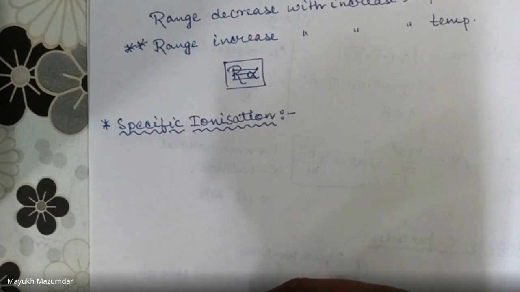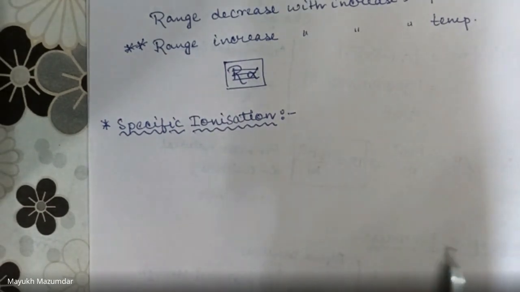So what does it say? Ionization creates a large number of ion pairs. Ion pairs are generated along the path through which the alpha particle travels.